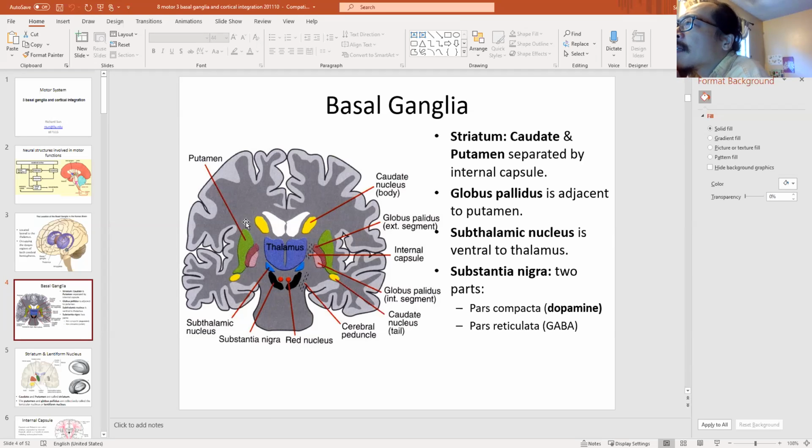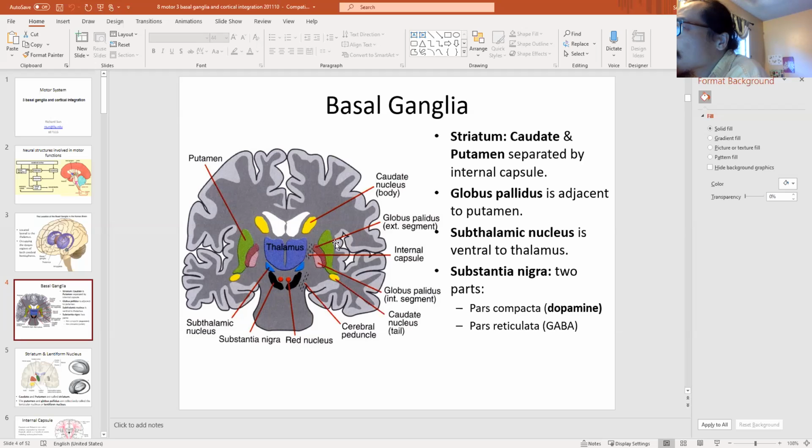All right. And then we have this striatum. This portion is the lentiform nucleus. This lentiform nucleus includes the putamen and the globus pallidus. Globus pallidus has two parts. One is called the internal segment right here, and we also have the external.